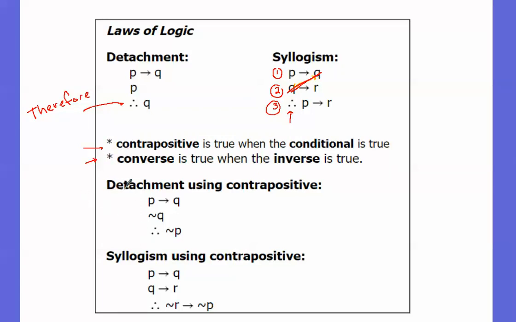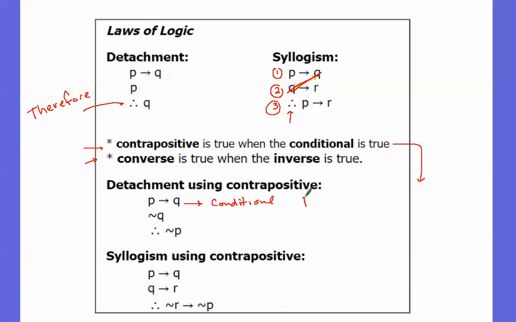This is an example of a detachment using a contrapositive. If P, then Q. Not Q. Well, remember, what this statement said here is that the contrapositive is true when the conditional is true. Here you have a conditional statement, which means also you have a contrapositive statement which is true.